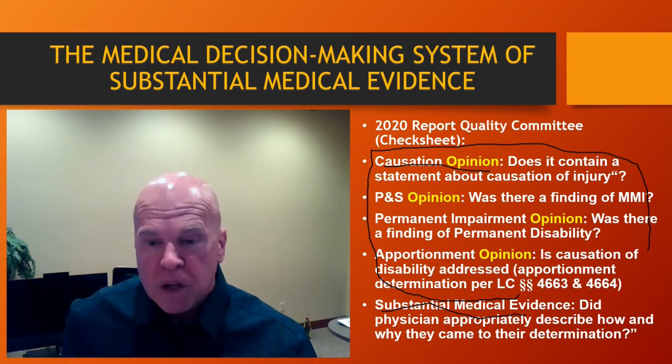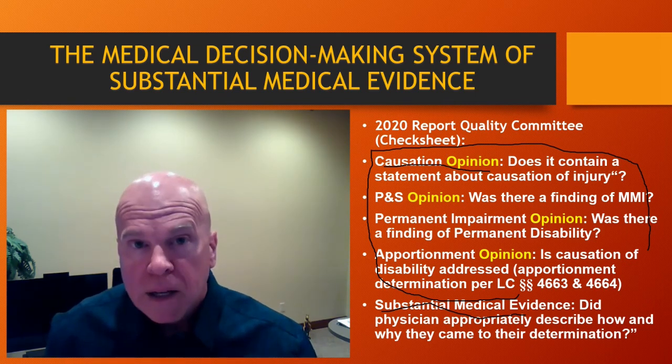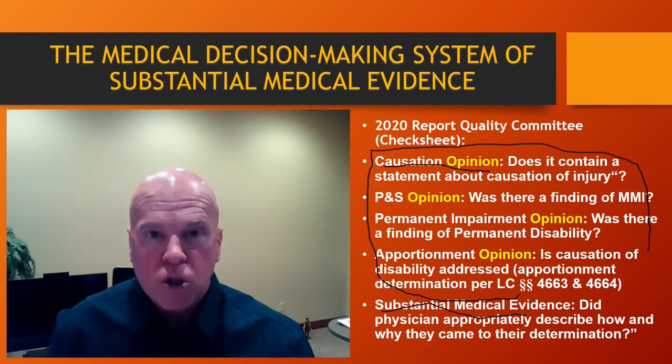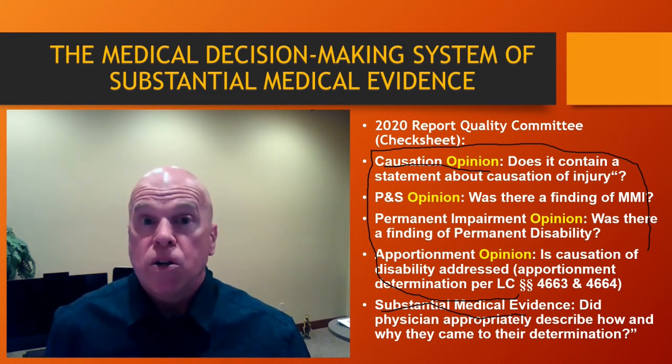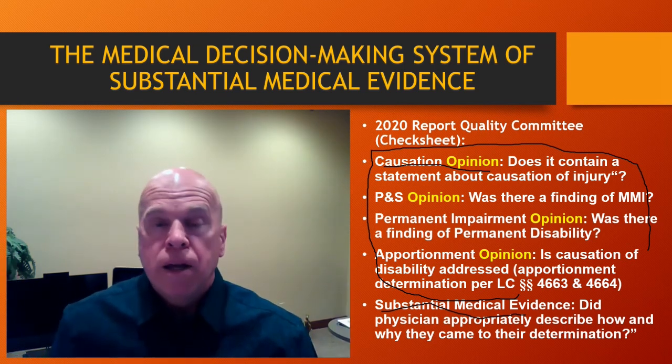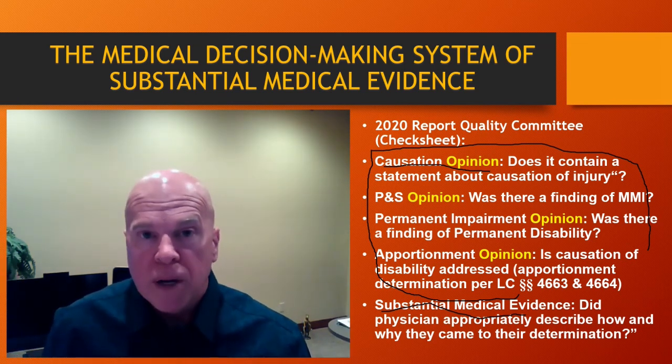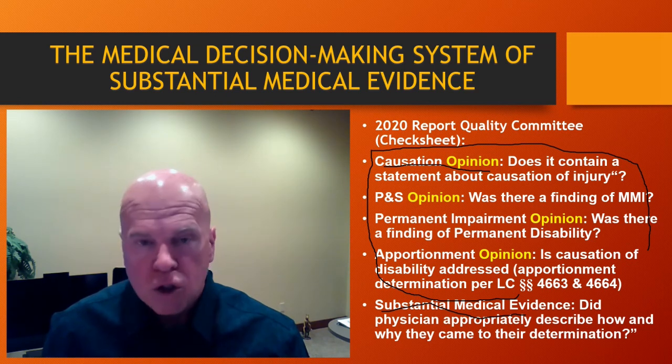They tell us that we must describe how and why we came to our apportionment opinion, how and why we came to our particular permanent impairment opinion, etc. So as we're going to see, how and why reasoning is an important component of substantial medical evidence.